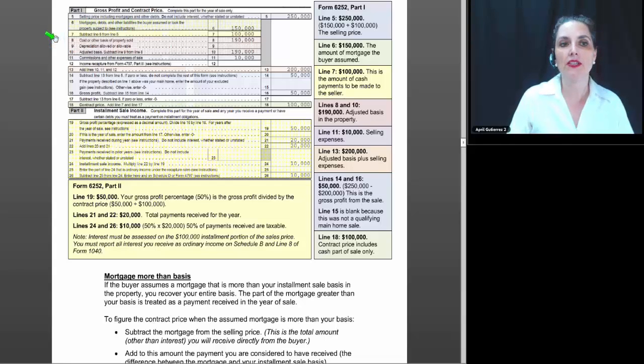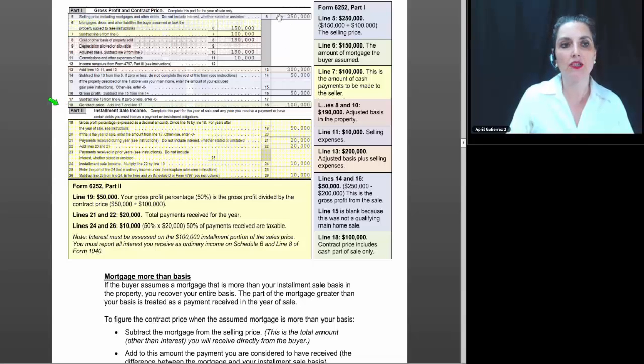Next, we enter the cost basis of the property sold, which is $190,000, and then we add in commissions and expenses of the sale that totaled $10,000. When we do that, we get a total adjusted basis amount of $200,000. We subtract $200,000 from $250,000 to get a profit of $50,000. But the contract price that we're dealing with is going to only be $100,000.